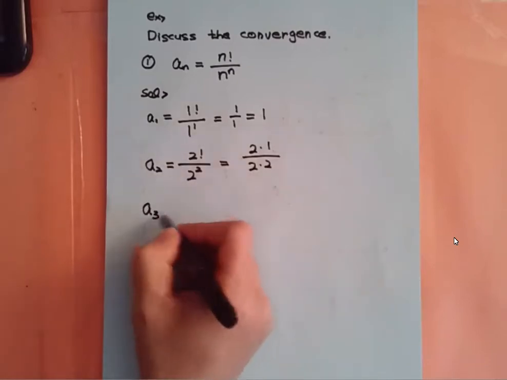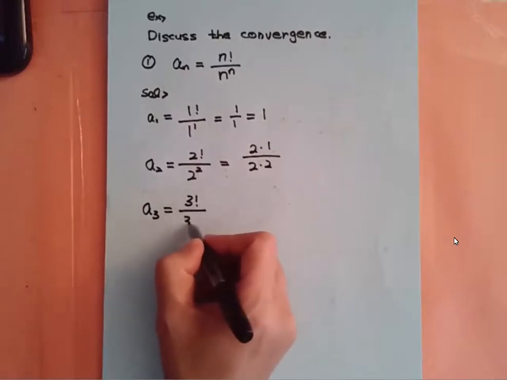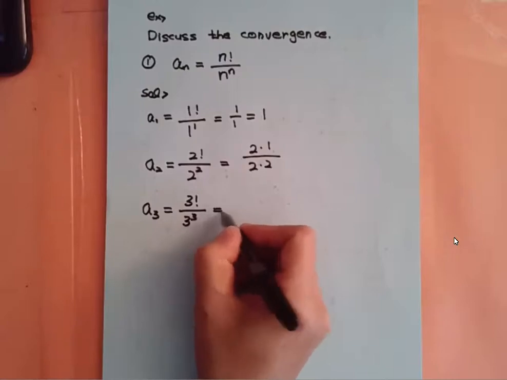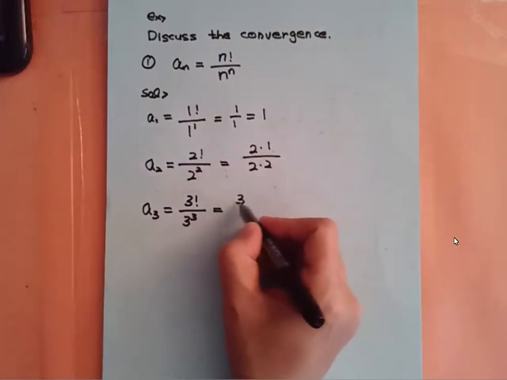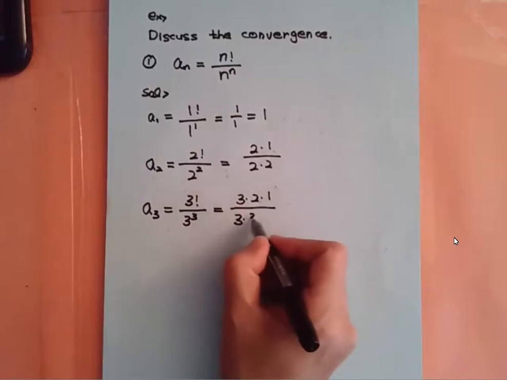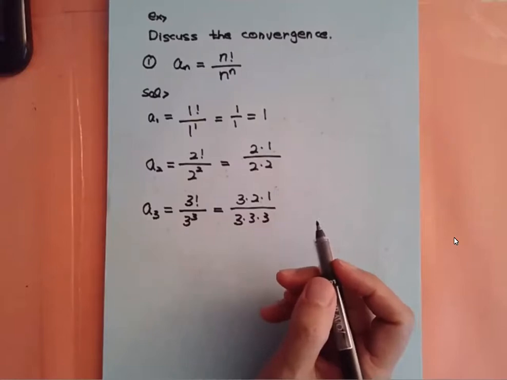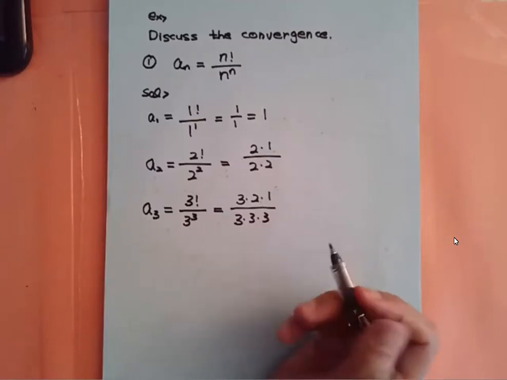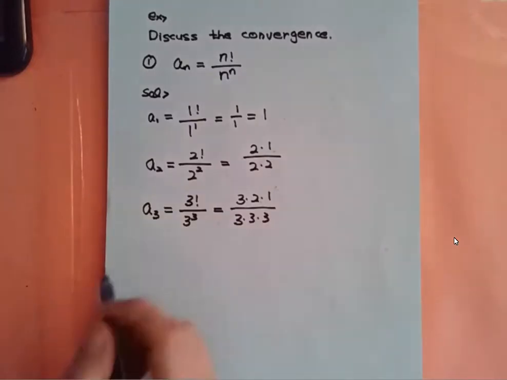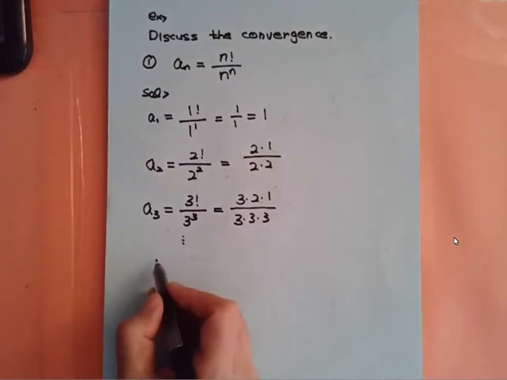And the third term is 3 factorial over 3 cubed. So that becomes 3 times 2 times 1 over 3 times 3 times 3. It keeps on going and going like this.